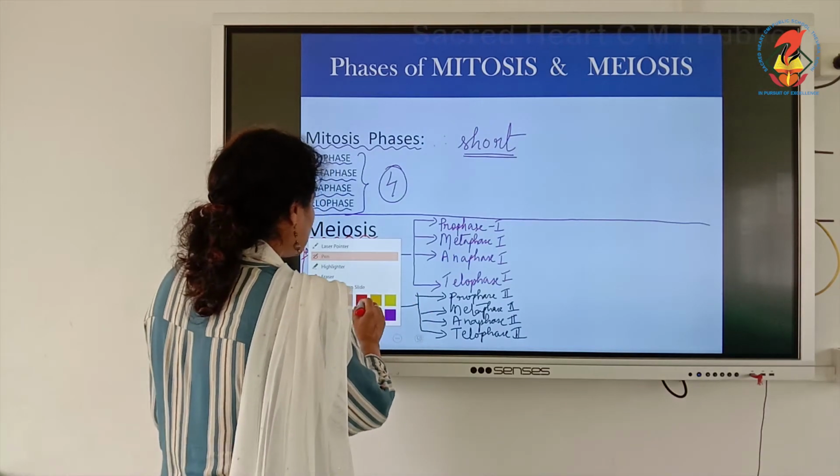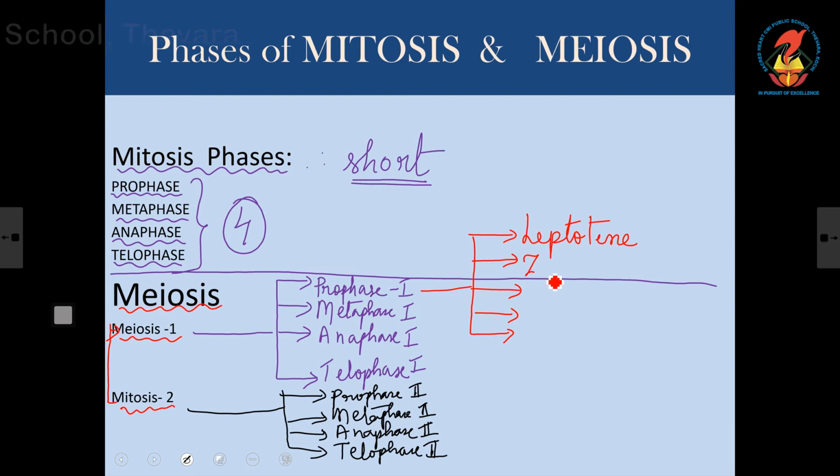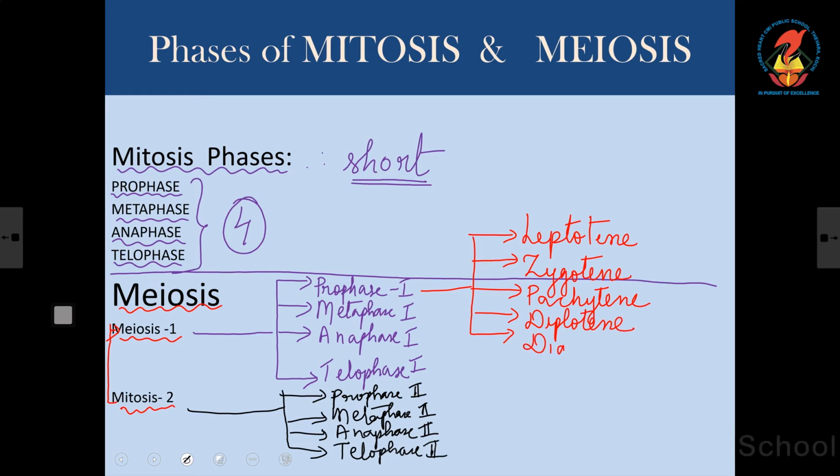Prophase 1 is further divided into 5 substages. They are leptotene, zygotene, pachytene, diplotene and diakinesis.